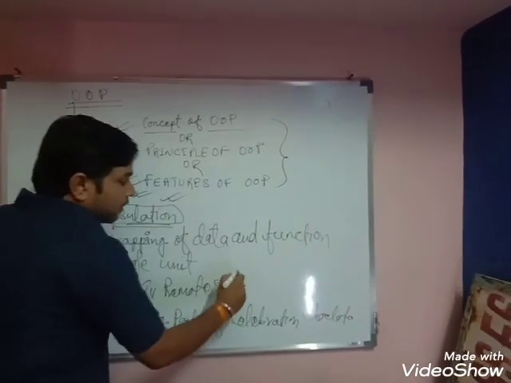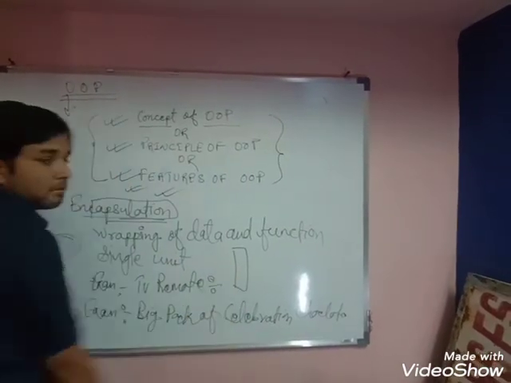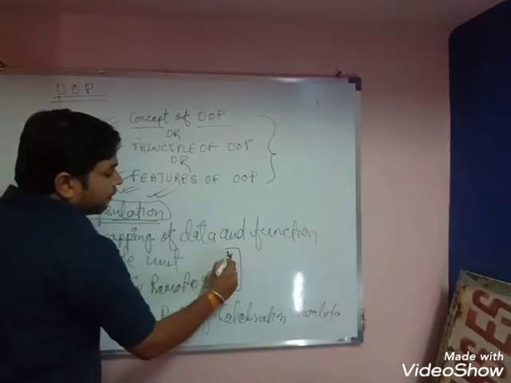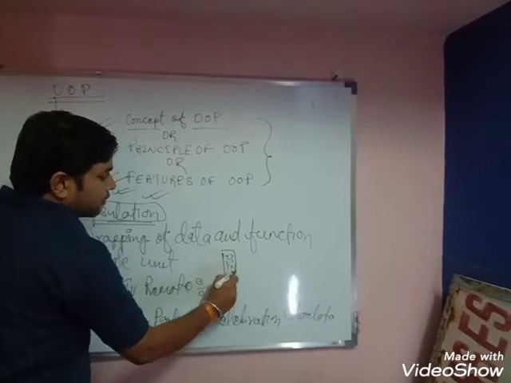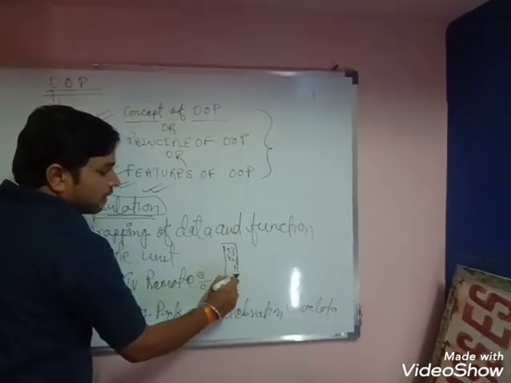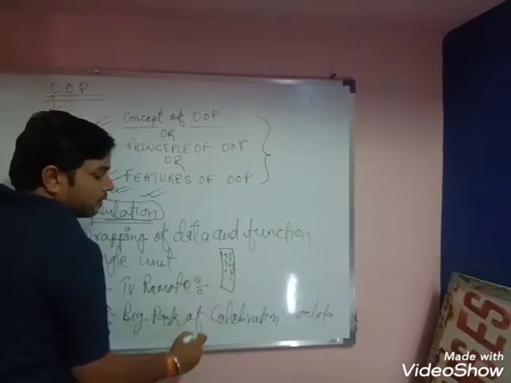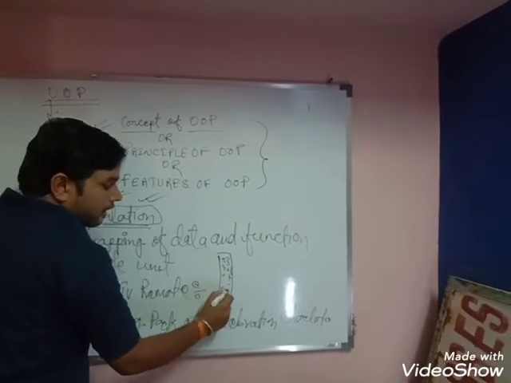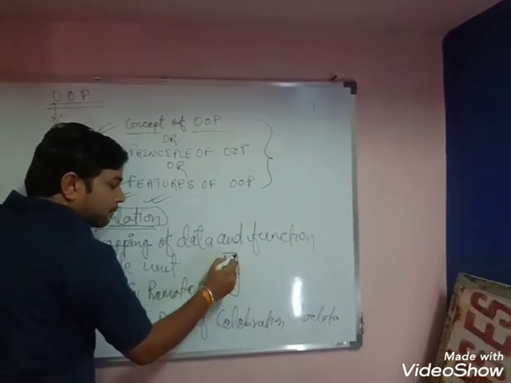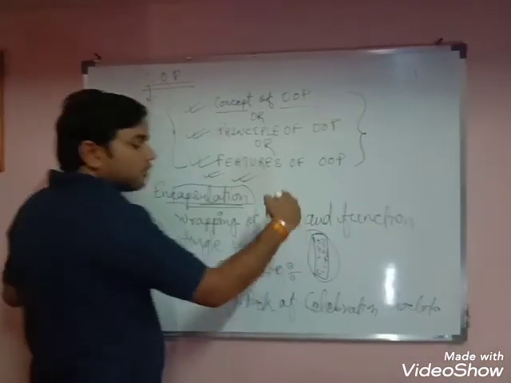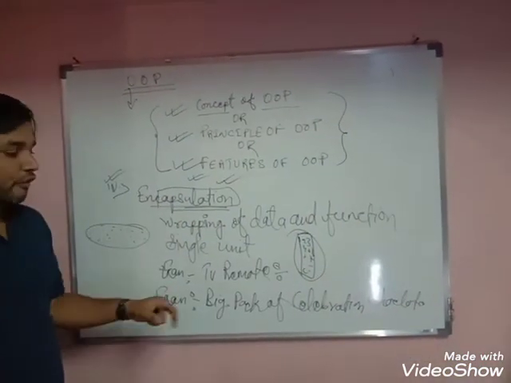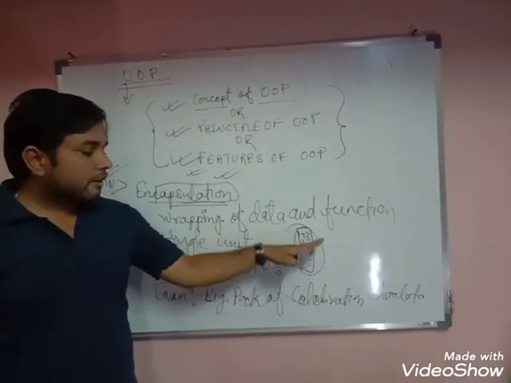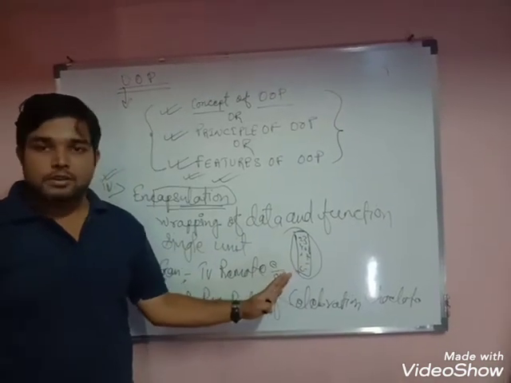In the TV remote you have seen there are many functionalities inside. You can turn the sound up and down, change channels up and down, and set the color of the TV, but it is wrapped inside that box. It is called encapsulation.